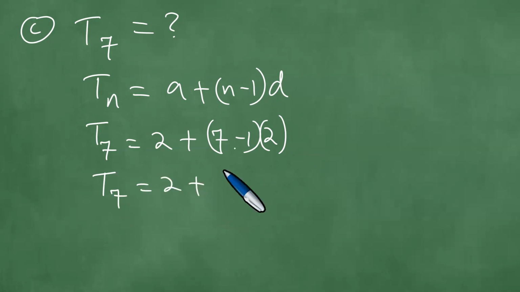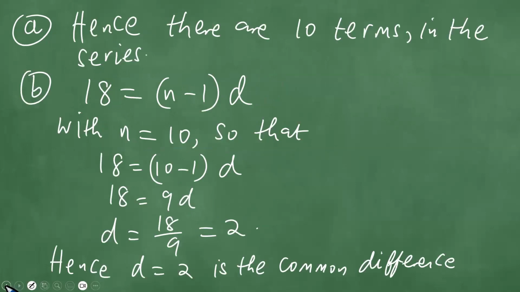Which is 2 plus, what is 7 minus 1? 6 times 2, which is 12, which is 14. So T7 equals 14.